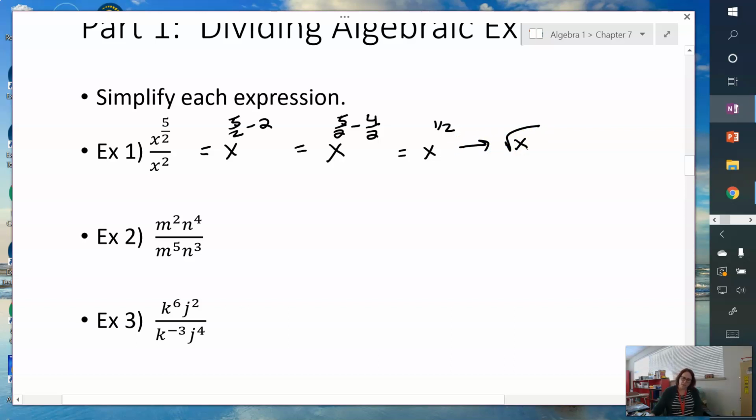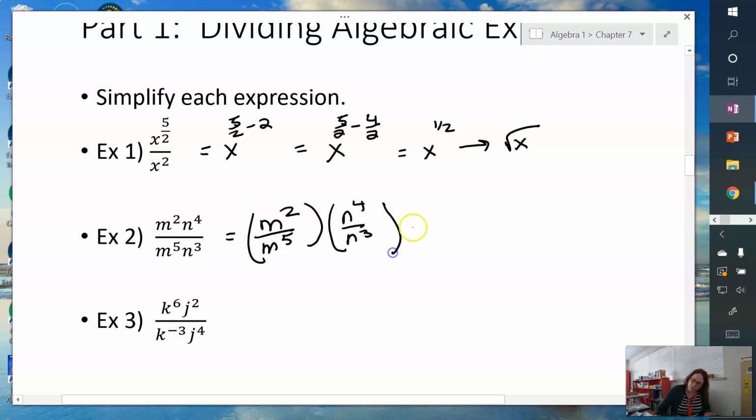Now let's do this other one. We have m squared n to the 4th over m to the 5th n to the 3rd. So I'm going to break this down, and I'm just going to do the m's. I'm going to have m squared over m to the 5th, and then I'm going to do the n's, n to the 4th over n to the 3rd.